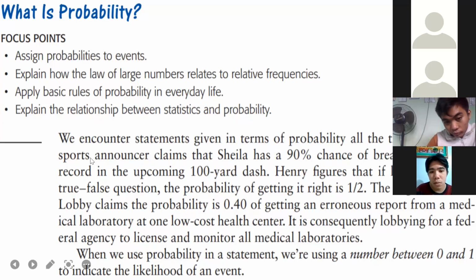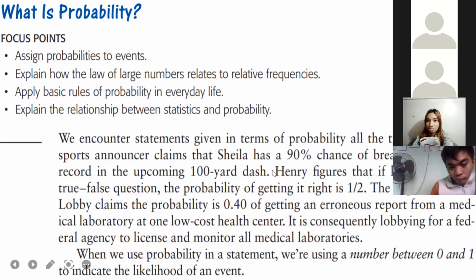So we encounter statements given in terms of probability all the time. An excited sports announcer claims that Sheila has a 90% chance of breaking the world record in the upcoming 100-yard dash. Henry figures that if he guesses on a true-false question, the probability of getting it right is 1/2.